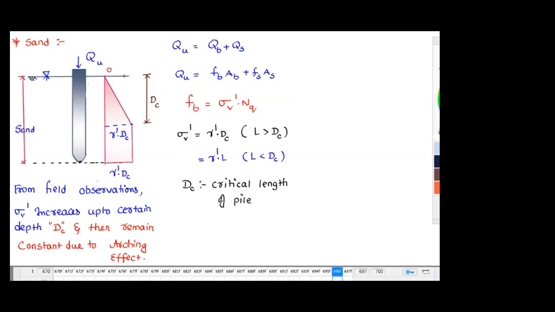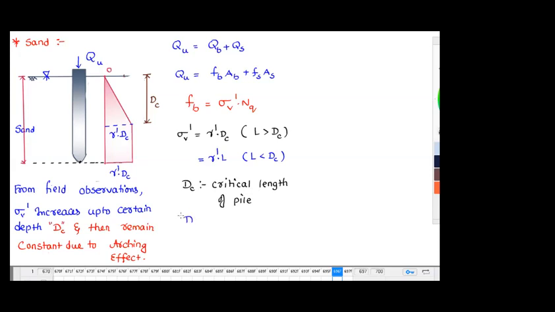Okay. So in the case of the sand, what happens is the vertical stress is going to increase up to a certain length known as critical length, and then it remains constant. So why, sir? It is due to arching effect.